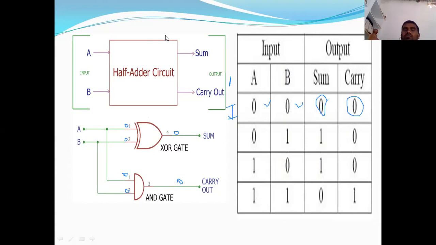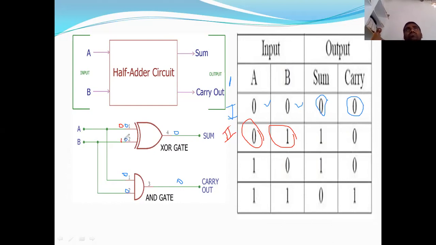So in the second case, at the second place, we have 0 and 1. So these are the different inputs.